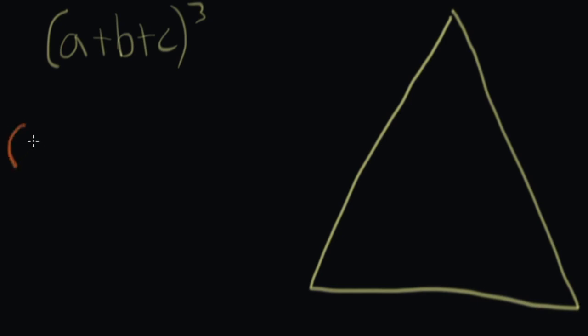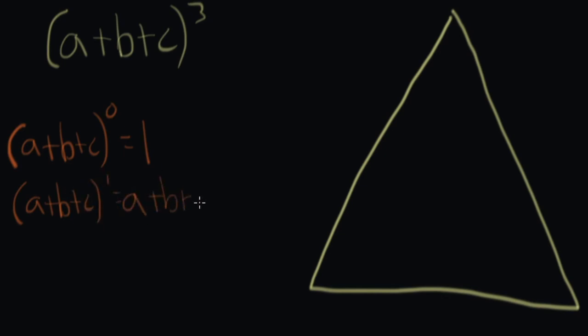If we had a trinomial here, and I put it to the 0 power, that would give us 1, of course. And if I put this to the first power, that would just give itself, a plus b plus c. But if I did it to the second, well, then we start getting into some interesting things.